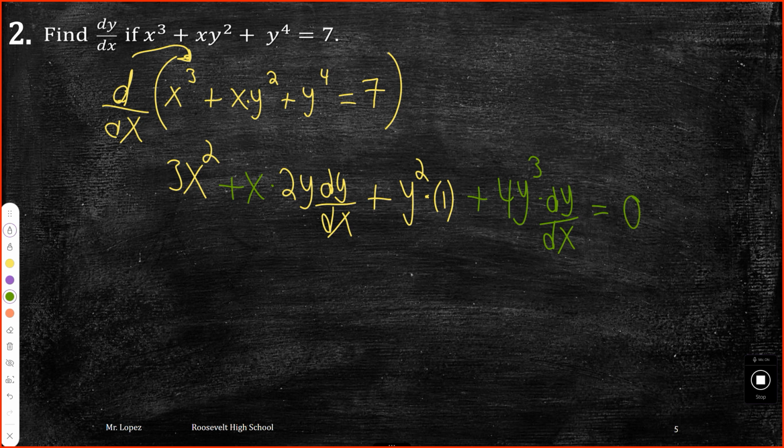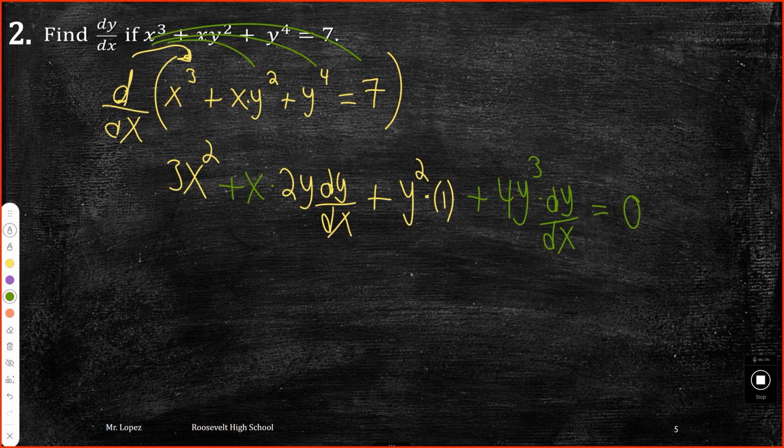Pretty much now, it's all algebra. We've already done the calculus here. All this now is algebra. How do we get the dy/dx to be by itself? Can we just move 3x squared and y squared over to the other side? That's what I'm going to do. I'm going to keep this term and this term on this side.